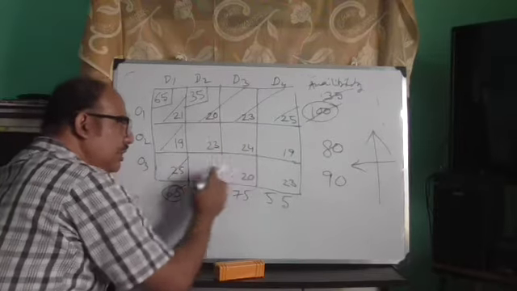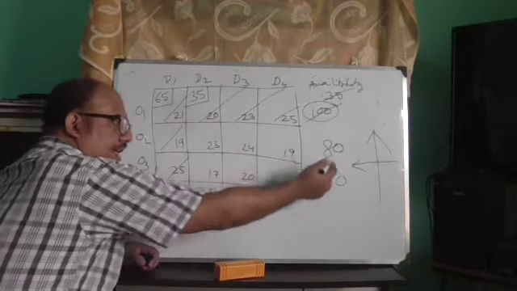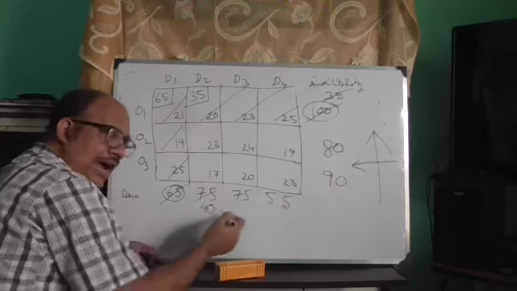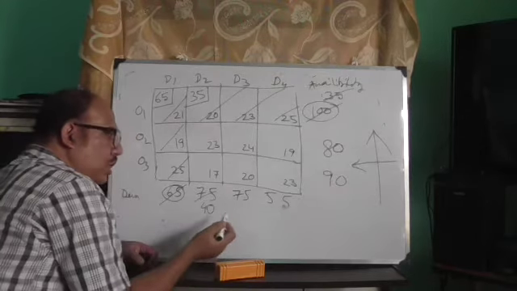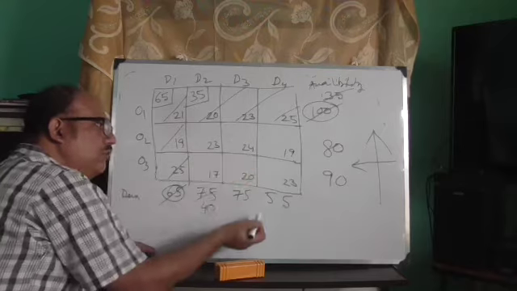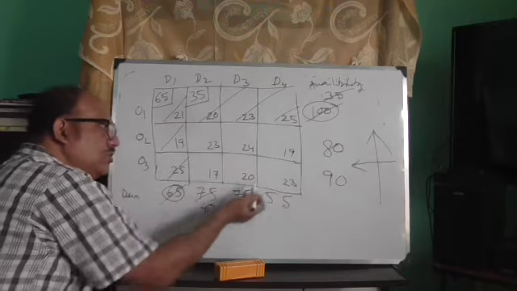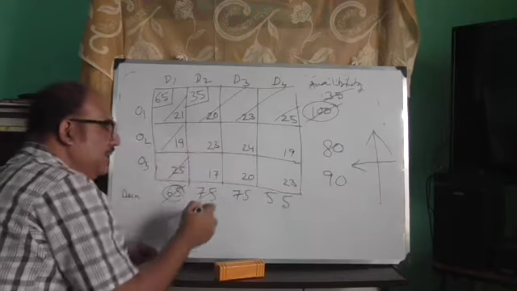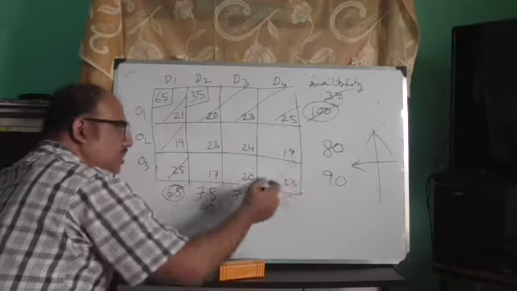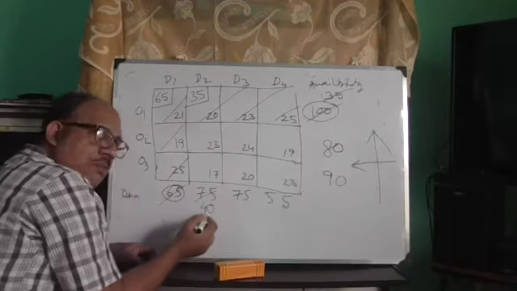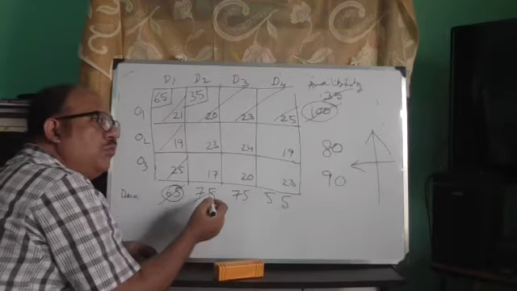So I am left with only this particular part. See, 80 plus 90 is 170, and if you add this, this will also be 170. Again we'll do the same thing. Top left is here. Availability is 80 and demand is 40. Why should I give more than 40?